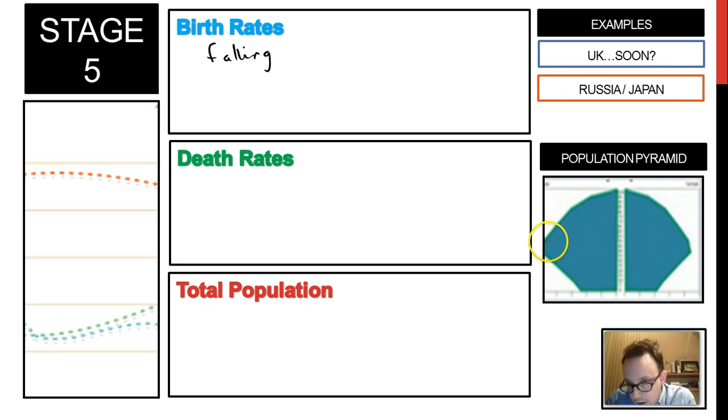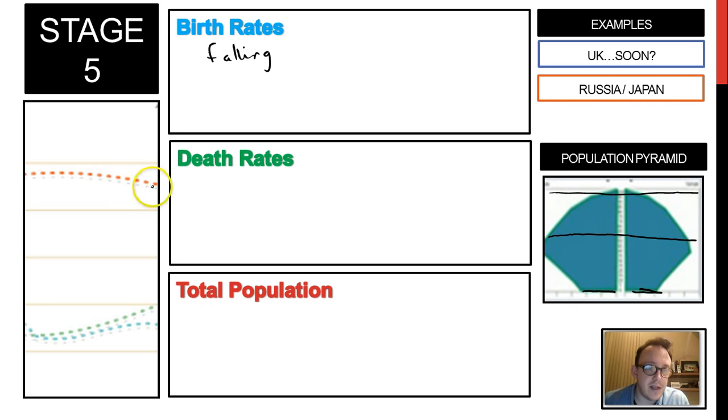Now, if we look at the top of this population pyramid, you can see a large percentage of our population here are old, okay, or older, if you see what I mean. Okay, and that's basically indicative of the fact that less of these are going to have babies. If less of these are having babies, then our birth rate becomes really, really small at the bottom.